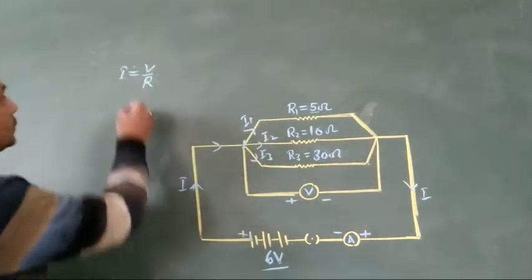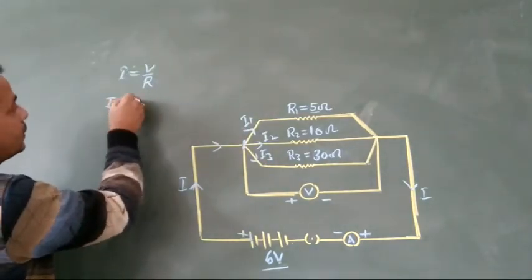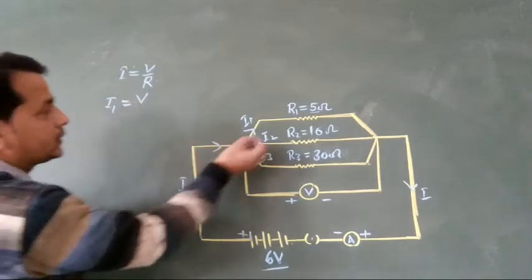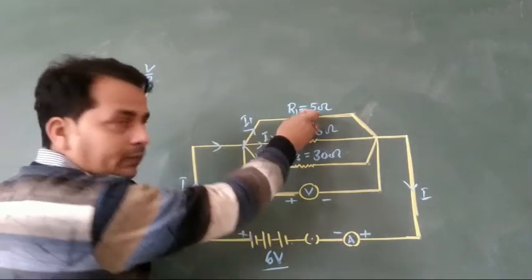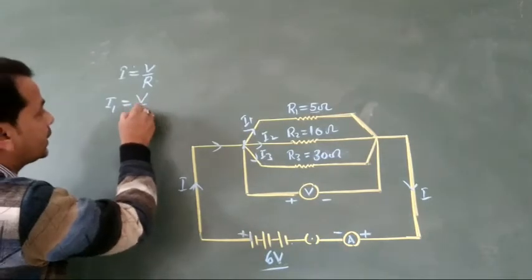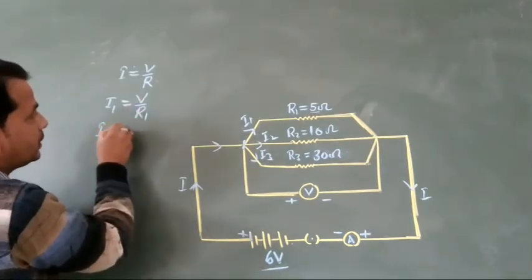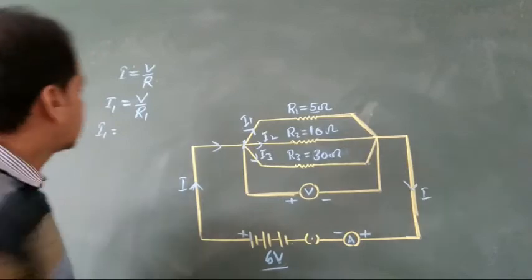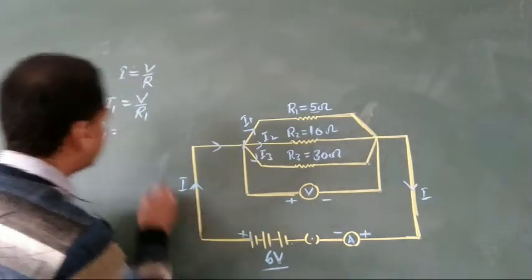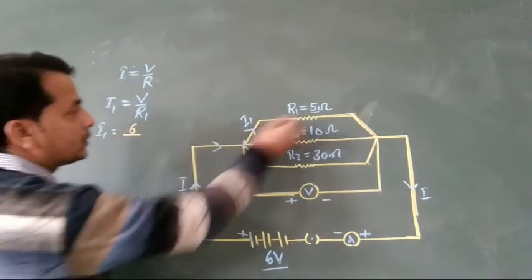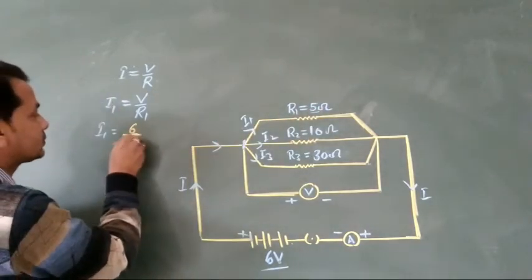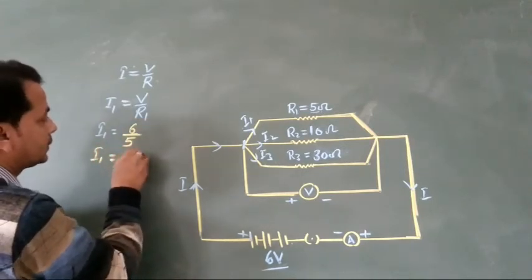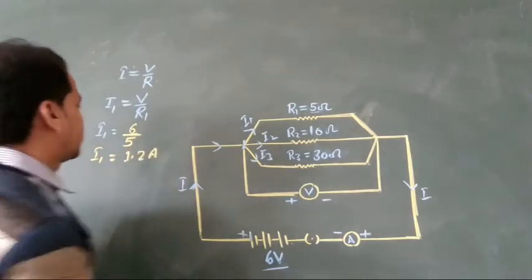So I1 equals V by R1. The potential difference is given as 6 volts, so I1 equals 6 by 5, which is 1.2 ampere.